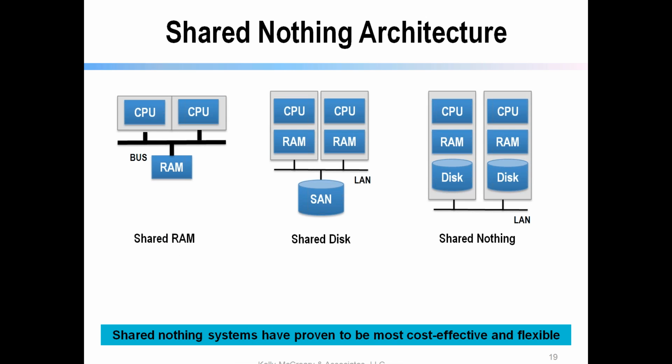So a couple of things are now in common for all these. First of all, this idea of a shared nothing processor, which is the panel on the right side. If you're doing things like in-graph databases where you need a huge amount of RAM, you tend to use this shared RAM model. The shared disk model is interesting because people get the perception that they can use storage area networks to save money.